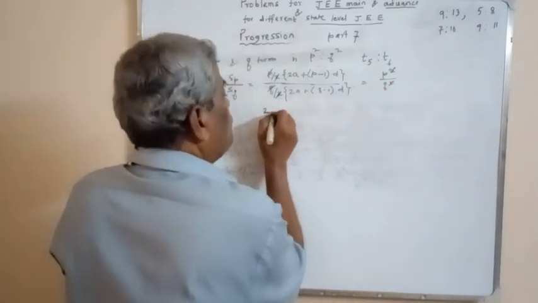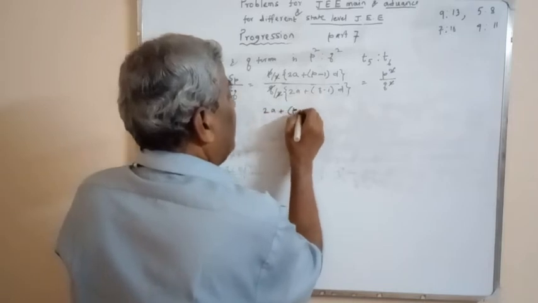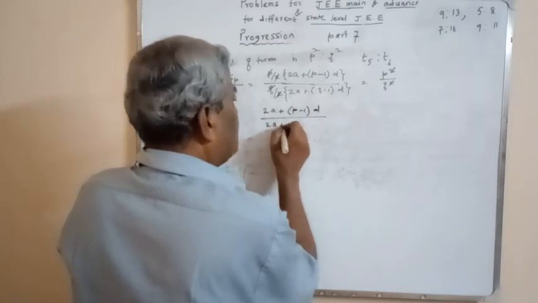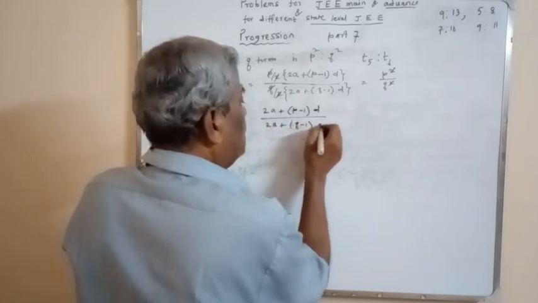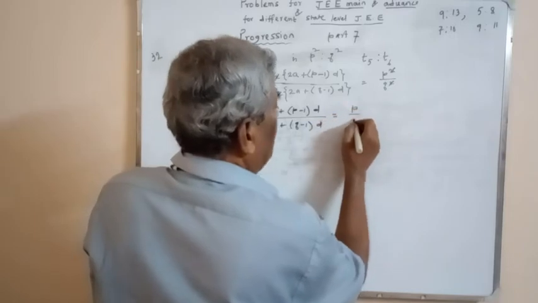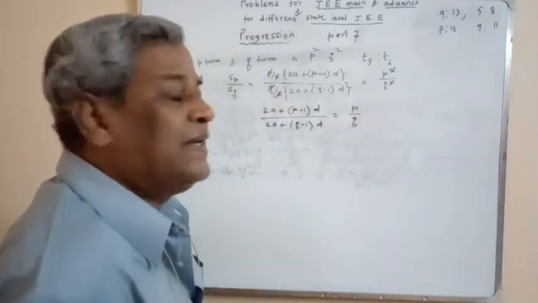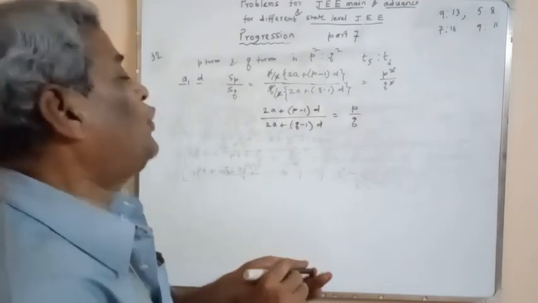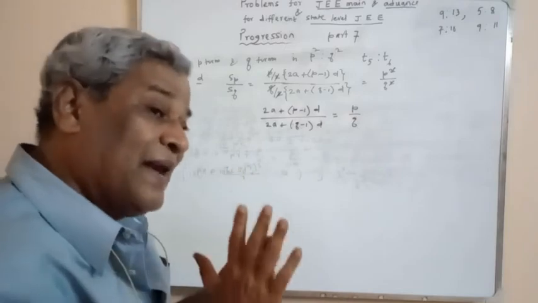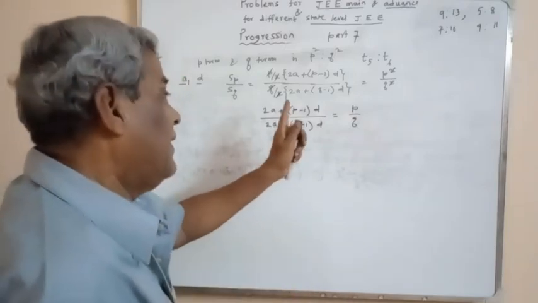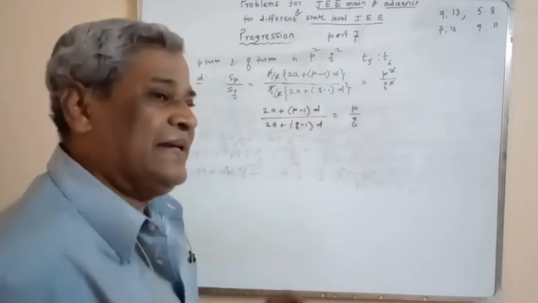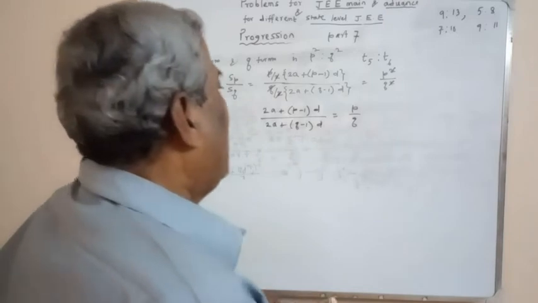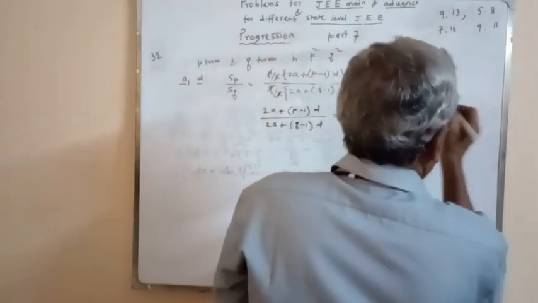So that it is equal to 2A plus p minus 1 into D by 2A plus q minus 1 into D is equal to p by q. Now, it is an identity. We can put any values of p in left hand side as well as right hand side, so equality sign will hold. Similarly for q.